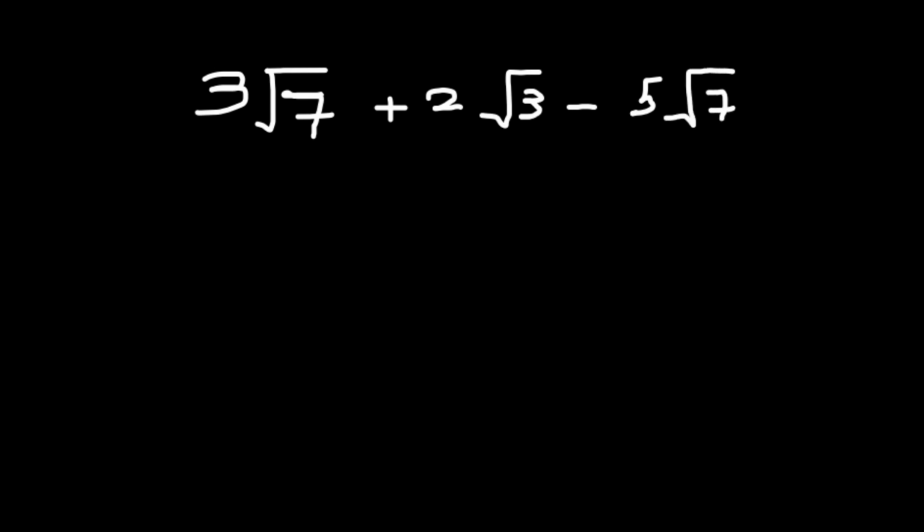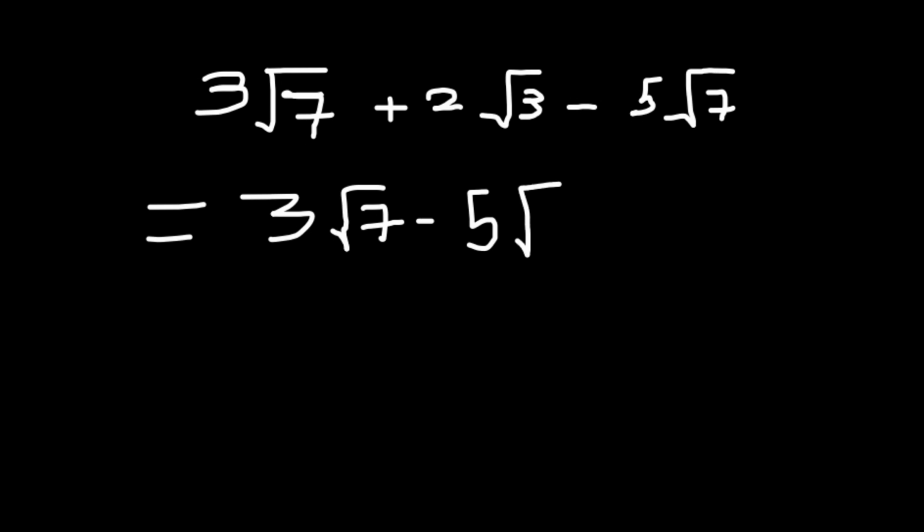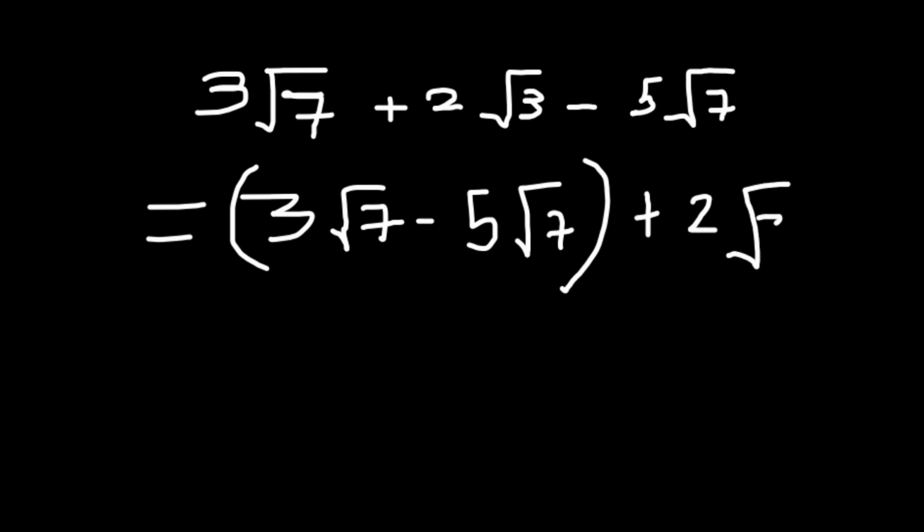So we group the like terms together. We have 3 square root 7 then minus 5 square root 7. Let's put this in the bracket, then plus 2 square root 3.